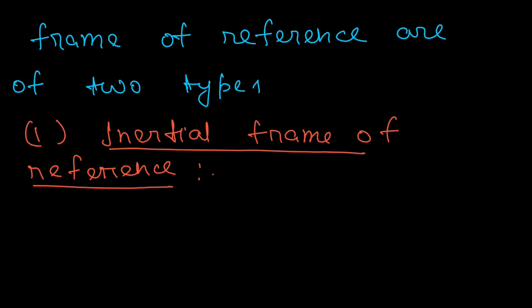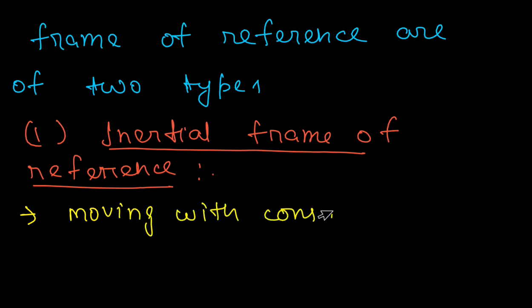Inertial frame of reference is a frame of reference in which the observer at origin is either at rest or moving at constant velocity.